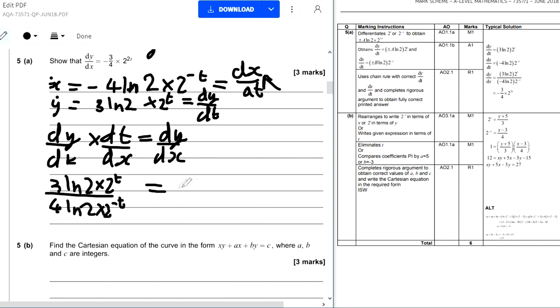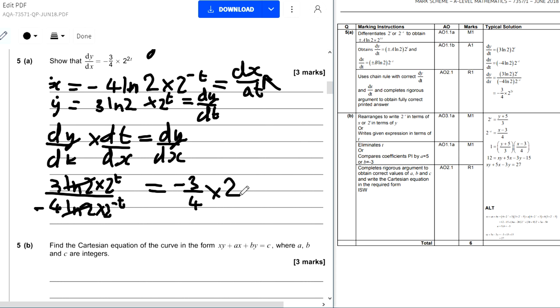Okay, and now there are just some simple cancellations. There should be a minus. So ln over ln cancels, and 3 over 4 is just going to be minus 3 over 4. And then just be a little bit careful with indices: if you're dividing by an index, you're taking away, but this is a minus, so you're adding.